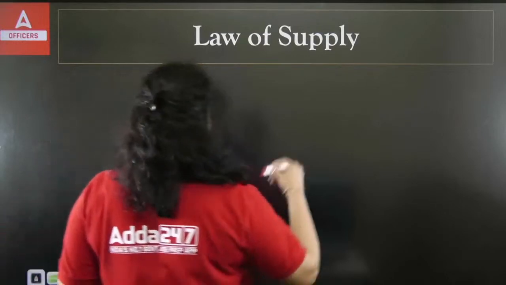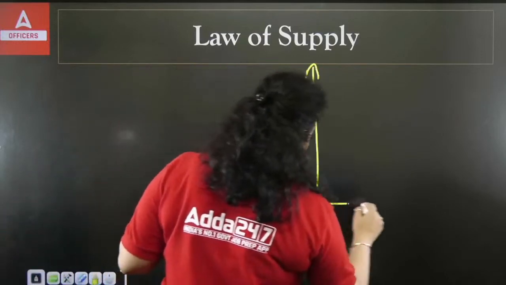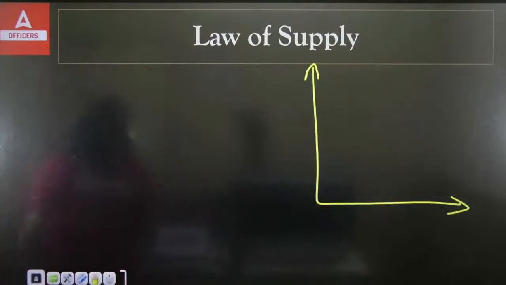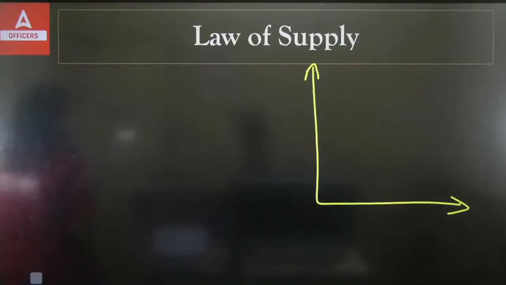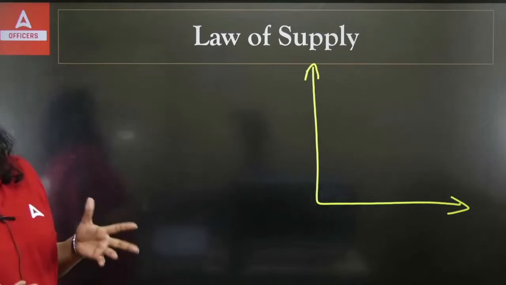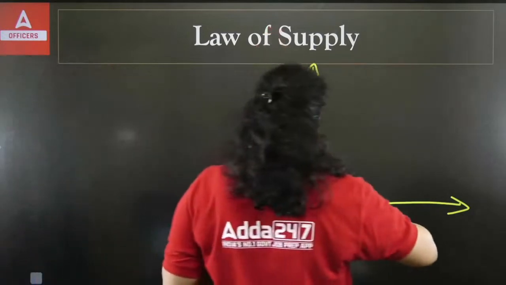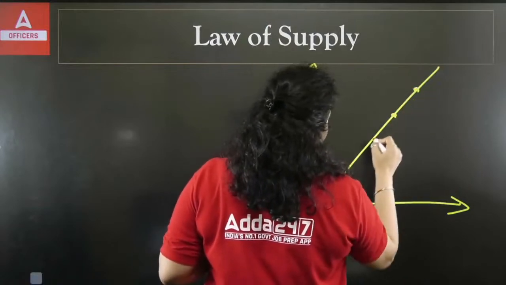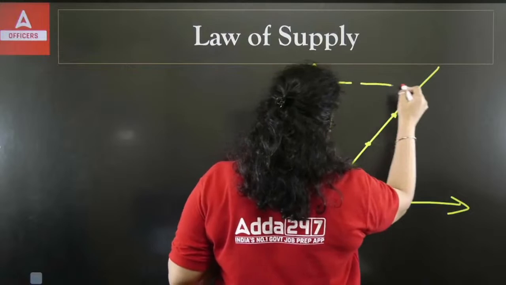So first of all, let's discuss the law of supply curve. Let's say, for example, this is a graph. If we talk about the law of supply curve, that's an upward curve. You can relate to 3 points to understand the law of supply.